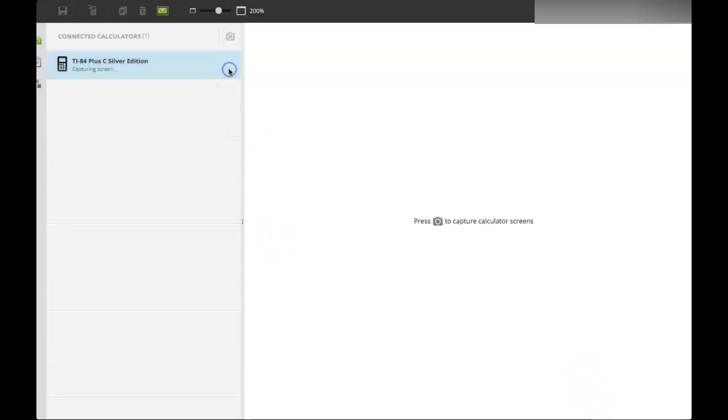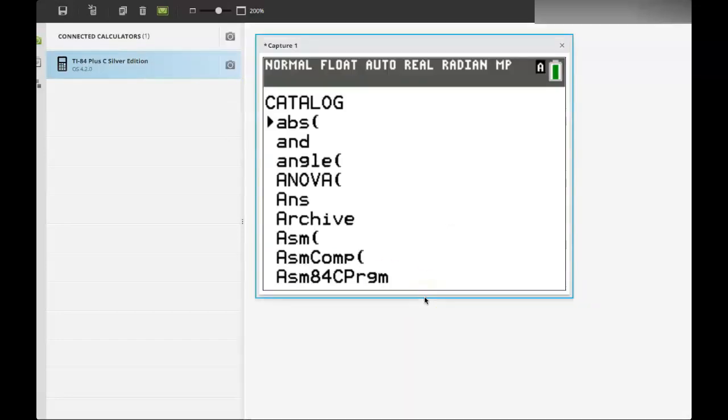Here is what we have. After pressing 2nd and then 0, on top of the 0 you can see Catalog. So here is Catalog, and after that, scroll down to find Diagnostic. You should do this step to be able to graph, because if you don't, you may get an error.